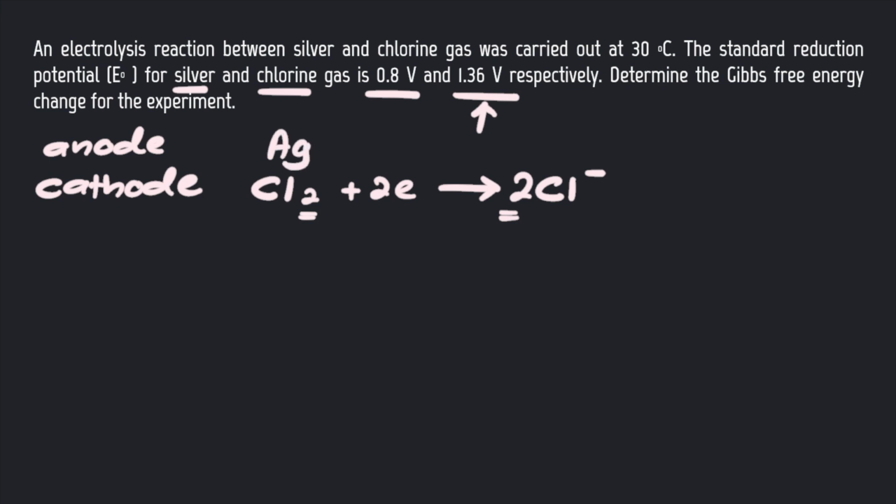So silver minus electron gives silver plus. But you need to understand that we need a balanced equation between anode and cathode. So here we have 2, so you need to put 2 here, 2 here, and here as well. Therefore, we can have the overall reaction.